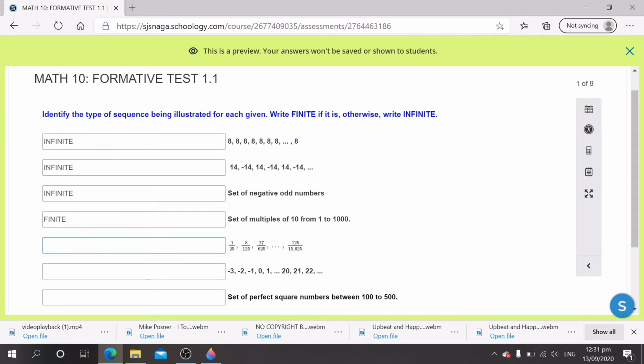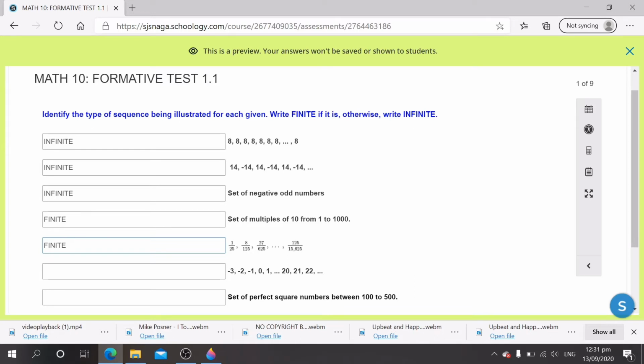Si 1 ay 1 cubed, si 8 ay 2 cubed, si 27 ay 3 cubed. So yung susunod dyan ay 4 cubed, which is 64. Next is 5 cubed, which is 125. So ibig sabihin, the sequence here is finite, and so we can count the number of terms dito.